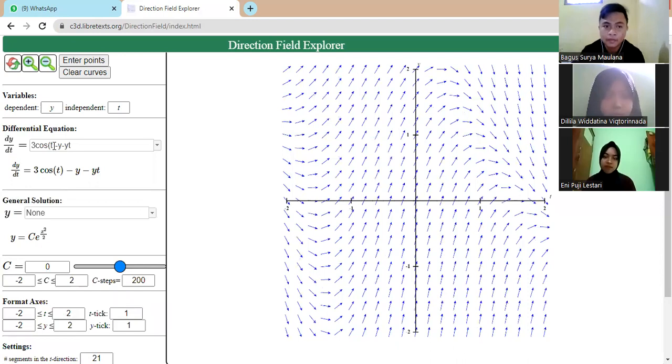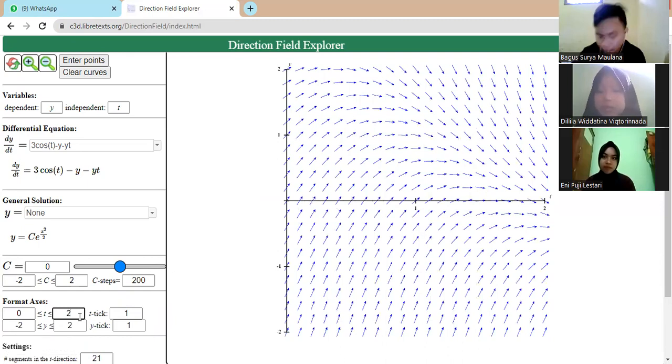But we have to determine the requirement, that is t is greater than 0, so for this axis format we change it into t from 0 until 10 maybe, but you can write whatever you want. I'm going to write it as 10.